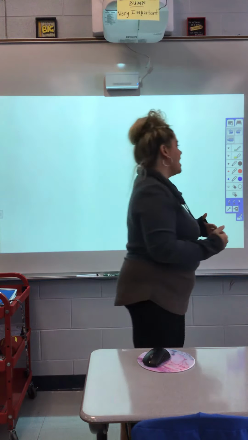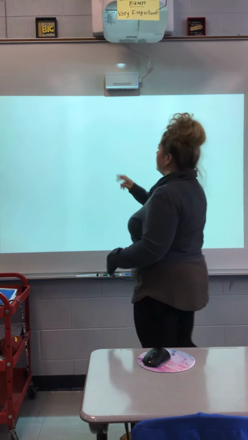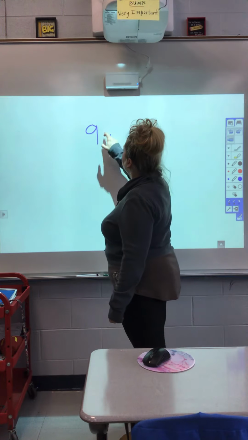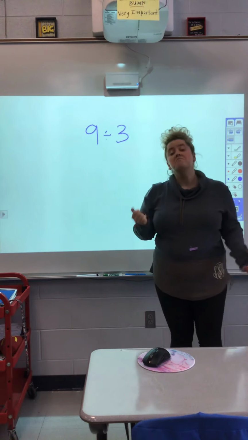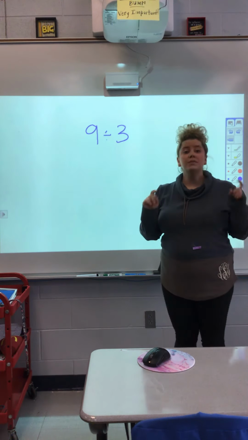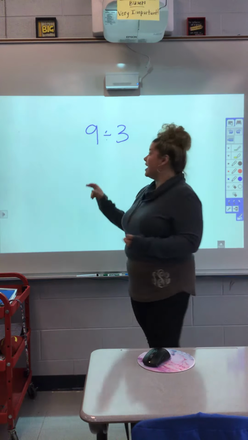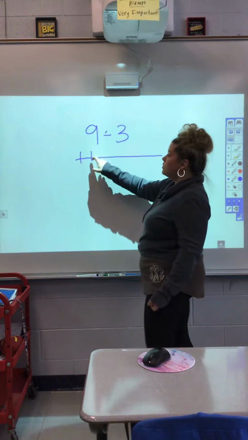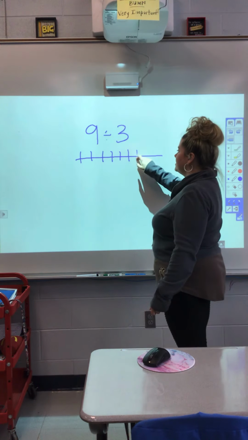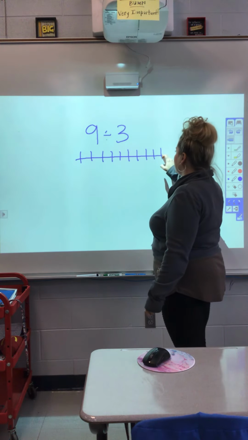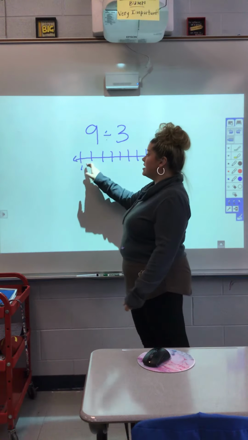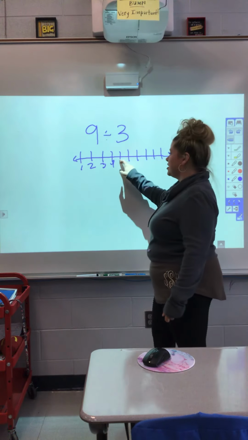So let's say that I have this problem. Okay, not too tough. What's my first step that I need to do? Right, I need to draw my number line. So 0, 1, 2, 3, 4, 5, 6, 7, 8, 9. Okay, and I like to number it to help keep me straight.